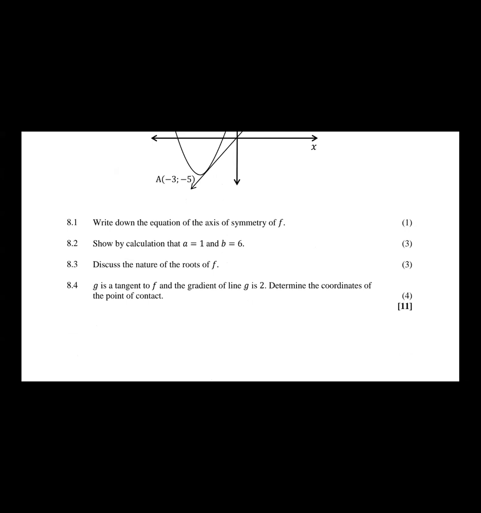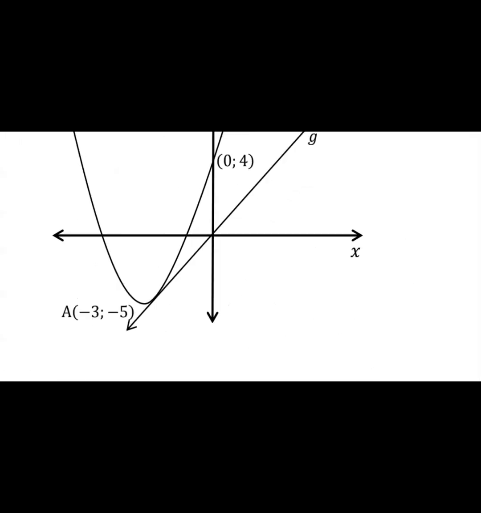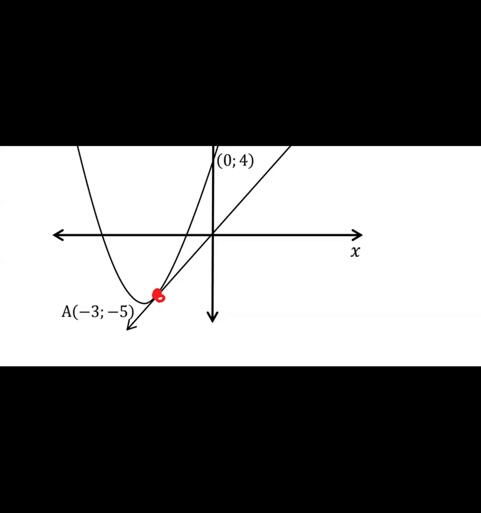Yes. Now, remember, these two graphs will intersect somewhere. And since it's a point of contact, we remember from grade 11 that we need to take the graph of f of x and equate it with the graph of g.